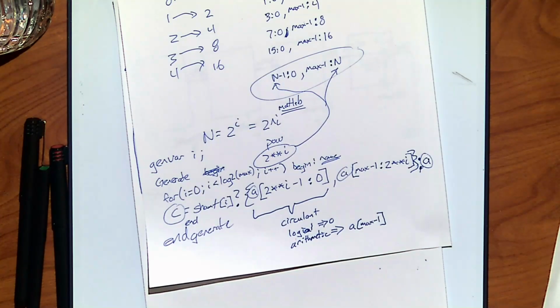And if we were shifting to the right, it would kind of be a flip of what I had here. Both logical and arithmetic are just that shifting.